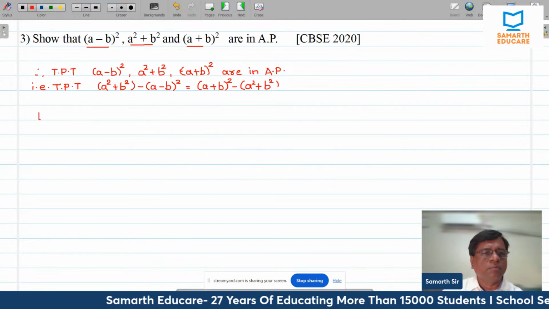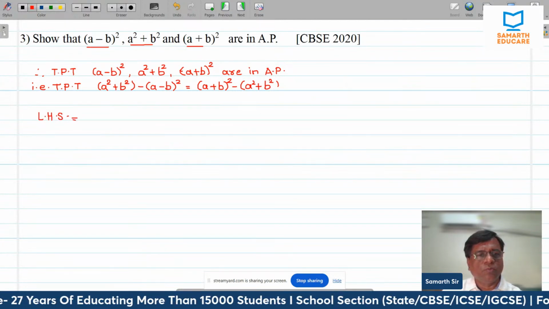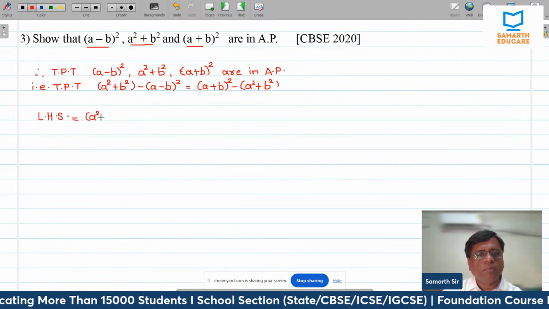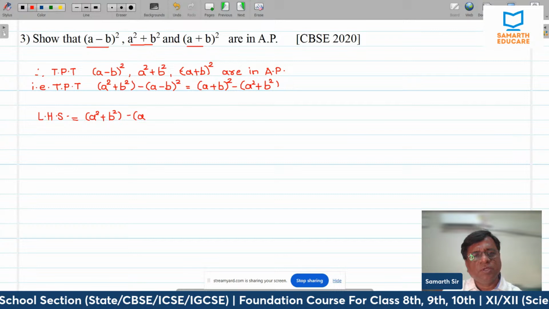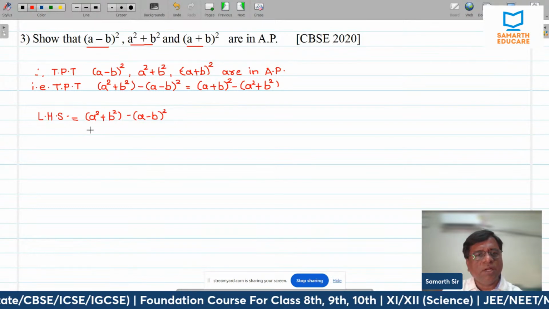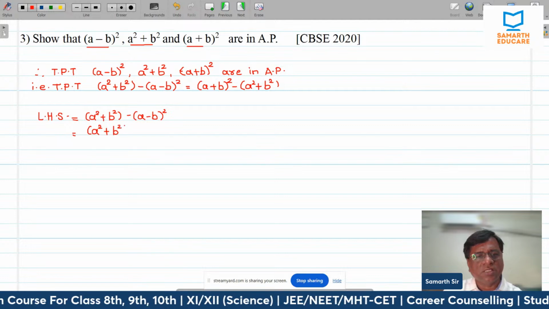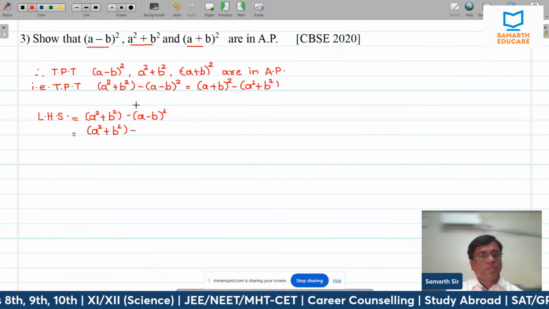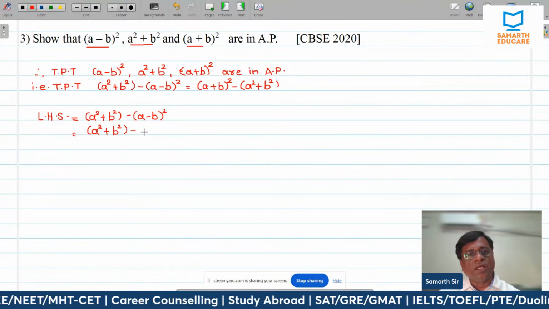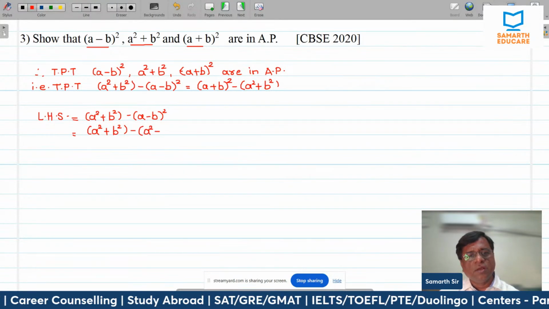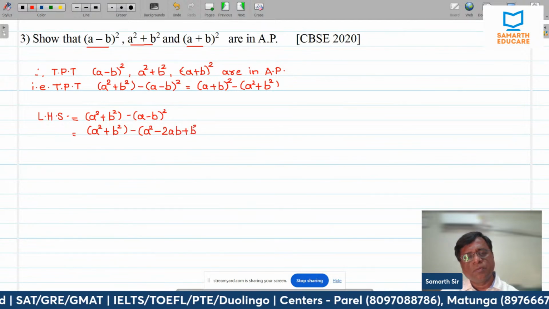Left hand side is equal to a square plus b square minus a minus b whole square. Nothing can be done about the first part, a square plus b square. This bracket will remain as it is. But for the second bracket, according to algebraic identities, a minus b whole square can be written as a square minus 2ab plus b square.